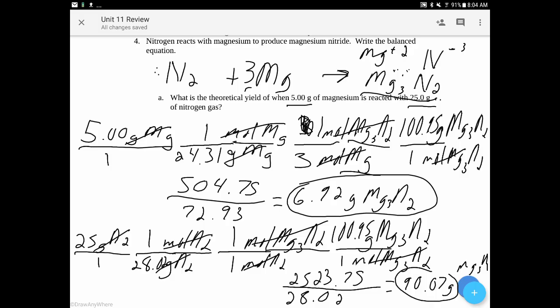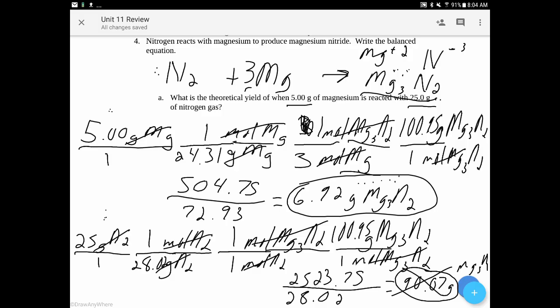This is the maximum that each one of our givens can produce, if we have unlimited of the other given. So whichever one of these is lower is the theoretical yield. So that means not the 90.07. It's going to be the 6.92.